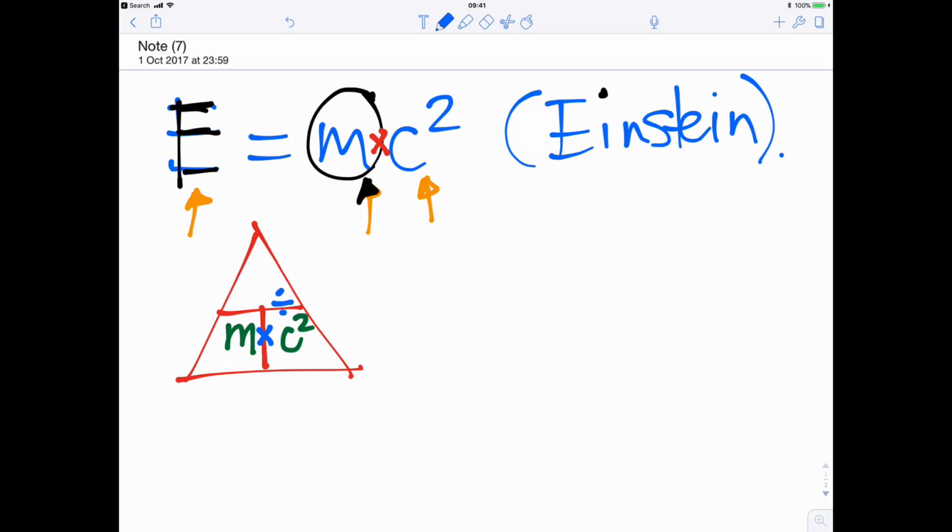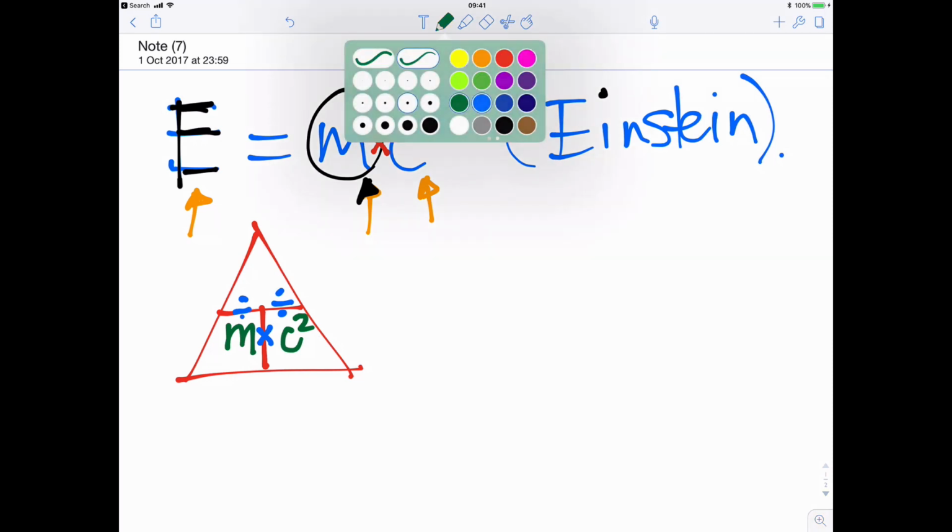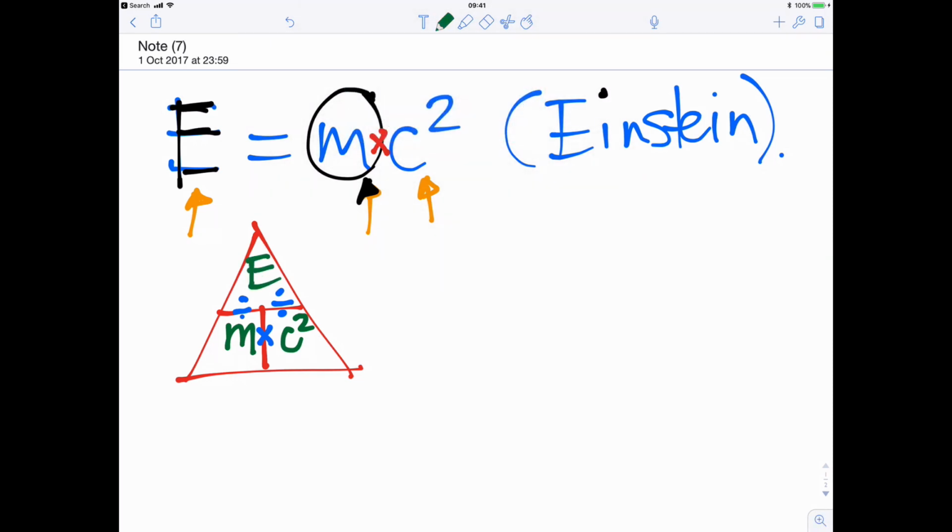This is going to be dividing. So the E is going to come up in here. So this becomes E. So E equals mc squared. If we want m, then m, which is this m, is going to be E divided by c squared.